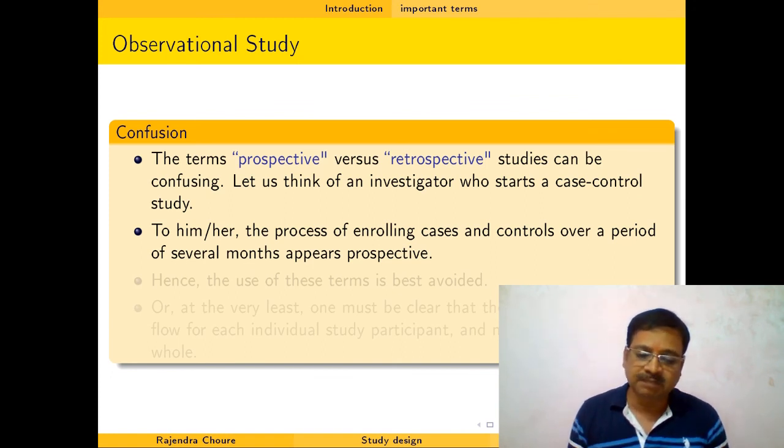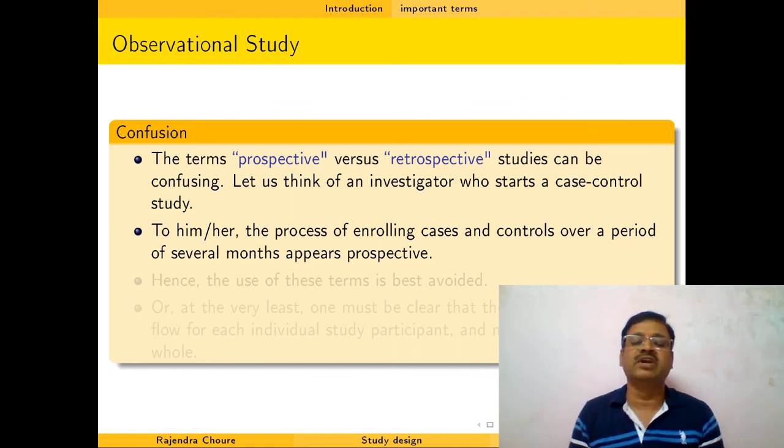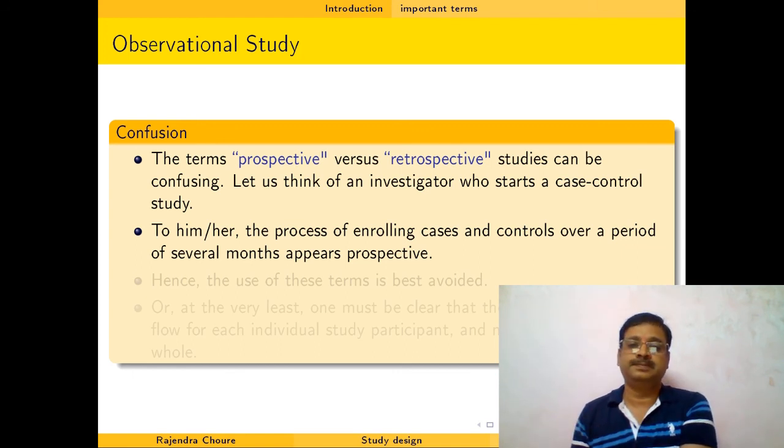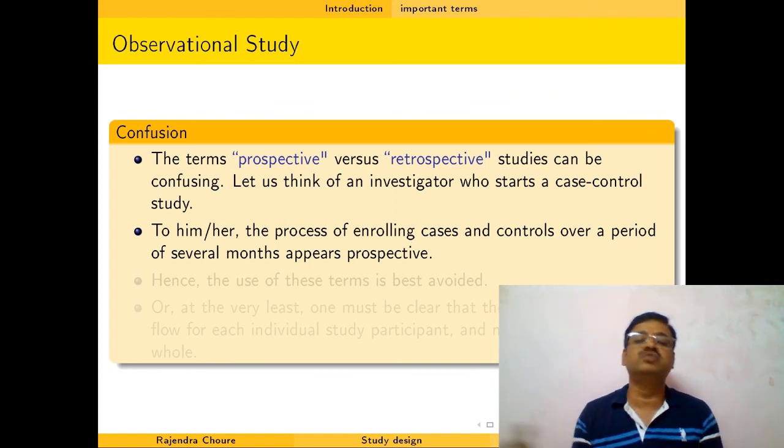Here, if you want to know the effect of a particular soil type on yield, then we will go on finding different soil types there. But here we may already know the yield of that particular crop. Therefore, this study will not be prospective. This will be retrospective because we know the yield. We are just trying to know different soil types.